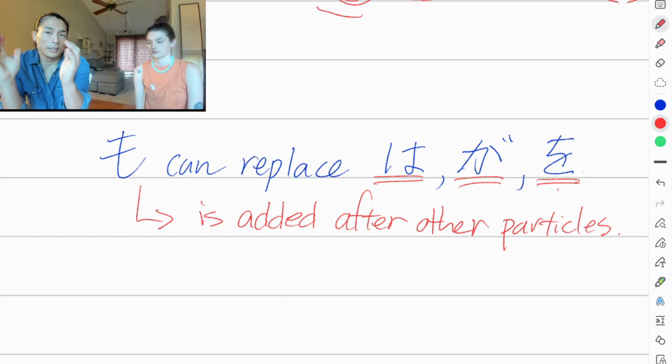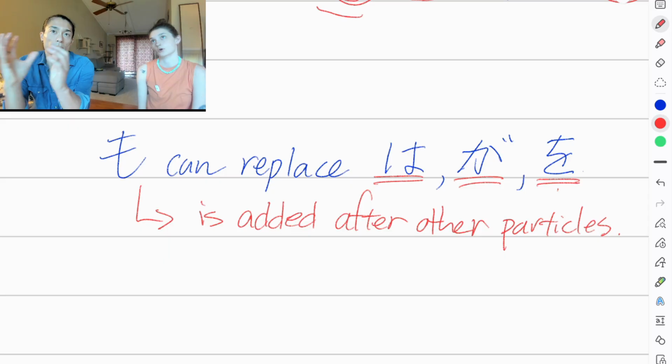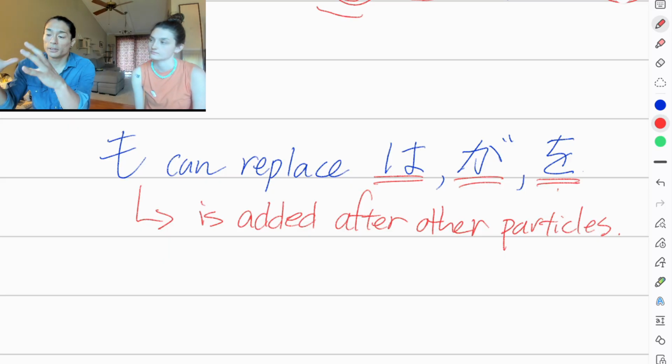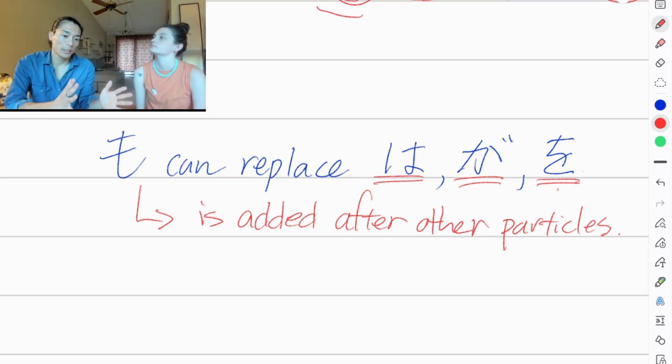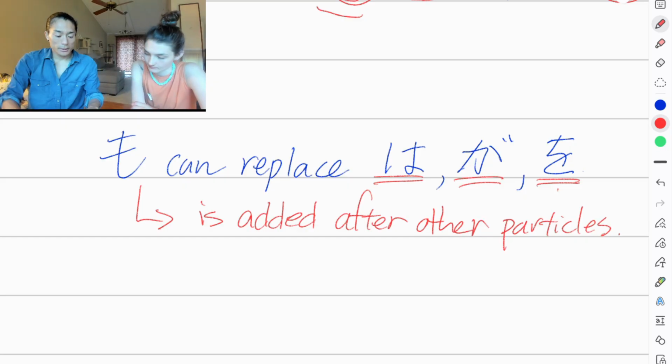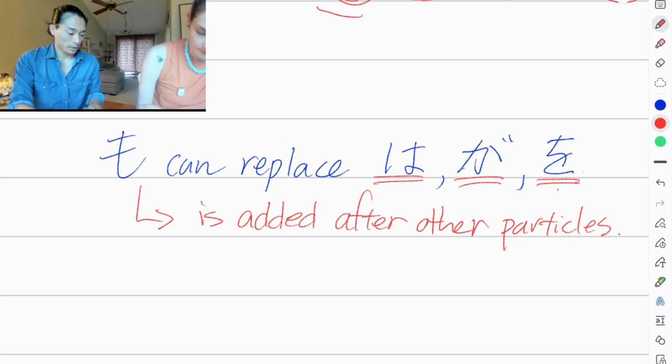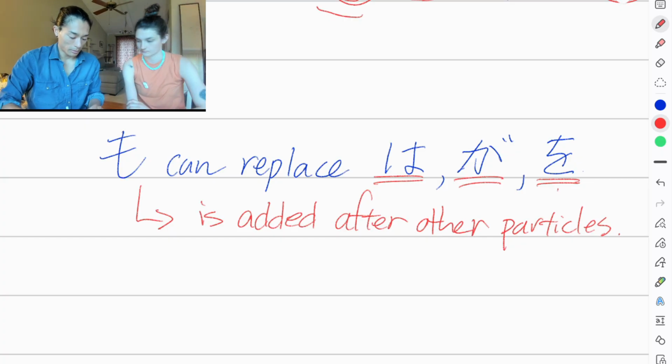Okay. What's the final product then? Demo? Good. So coffee shop demo, study. That's good. Okay, so that's mo. But just remember, don't just literally translate from English. Mo can only stick with the noun that's contrasting with the previous sentence, usually.